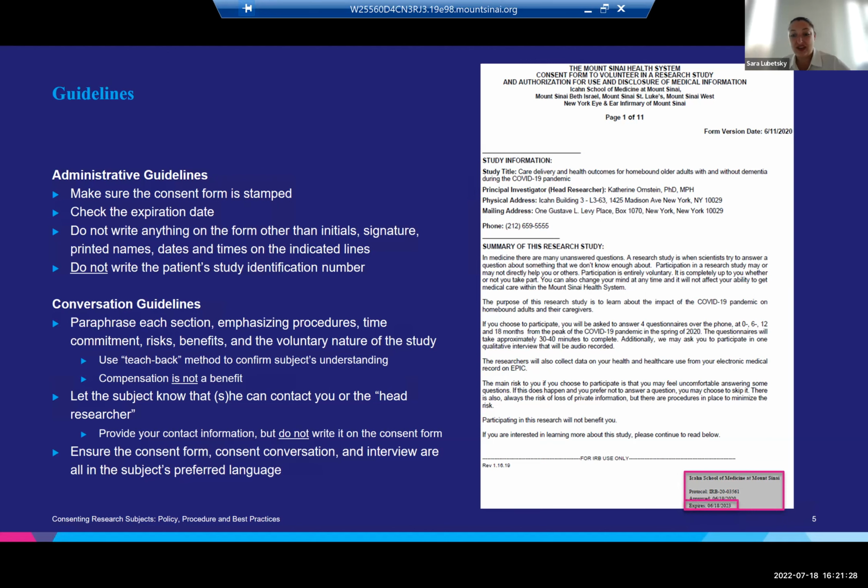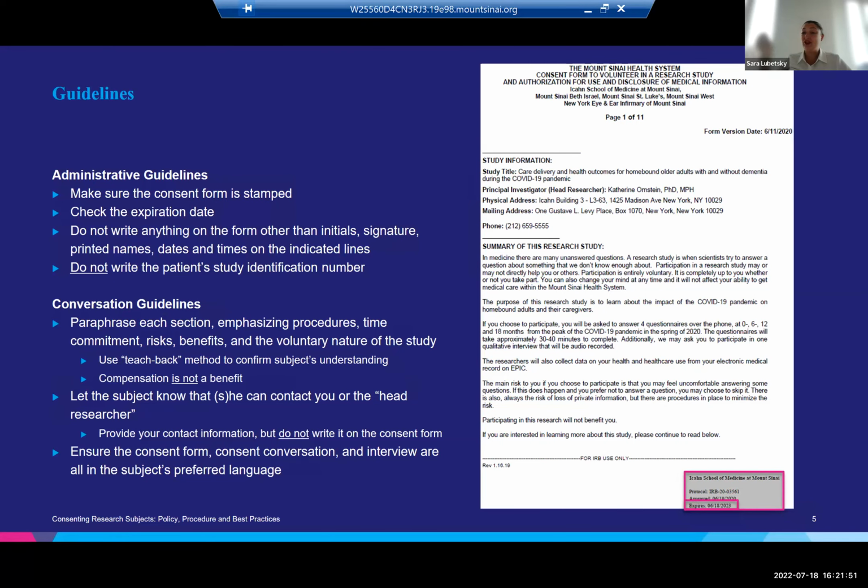If you find that your consent forms have expired, you may need to go into Ruth, which is our IRB management system, and download a more recent version. There also could be a more recent version of the consent form, so just make sure you're always using the most recent version.